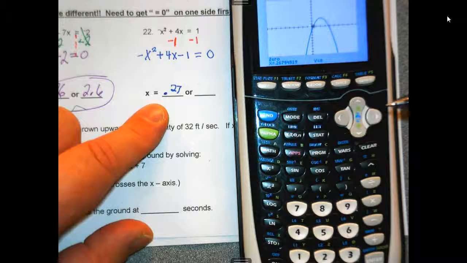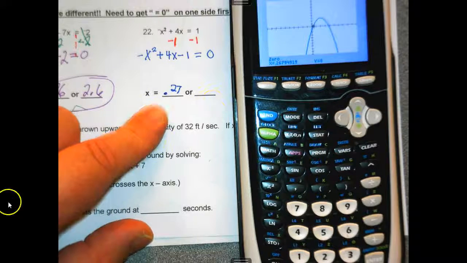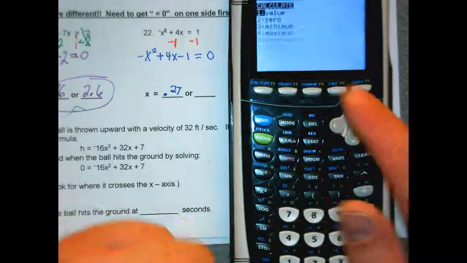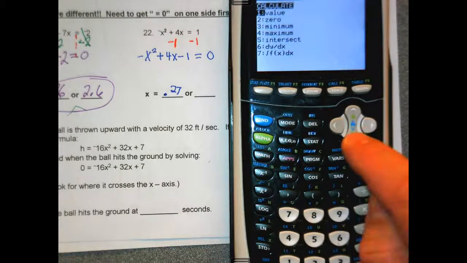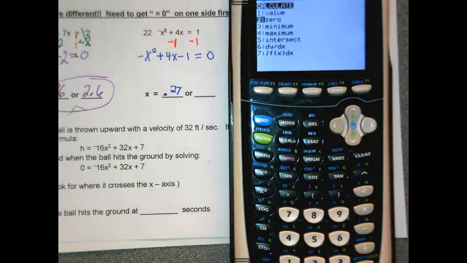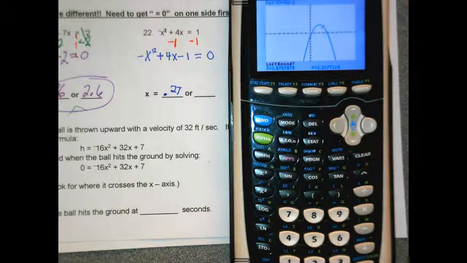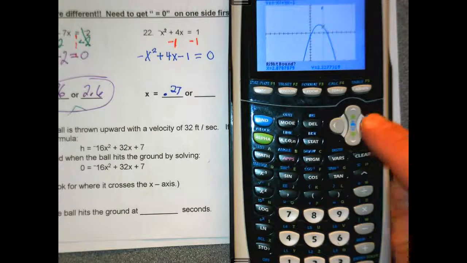Let me see your calculator. Okay, let's do it again. Second trace. We're going to go to the 0. Enter. Which is the other one? It should be somewhere to the left of the intercept. Okay, hit enter. Then go under the x-axis to the right of it.